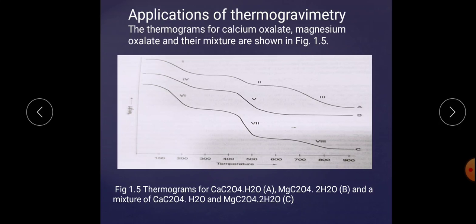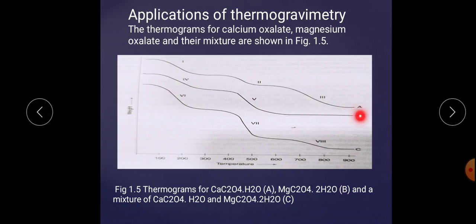This is the typical thermogram under the application of thermogravimetry. This is the typical thermogram for calcium oxalate and magnesium oxalate and their mixture. Three graphs are observed. The first one is graph A, the second is graph B, and the third is graph C. Graph A is for calcium oxalate monohydrate.